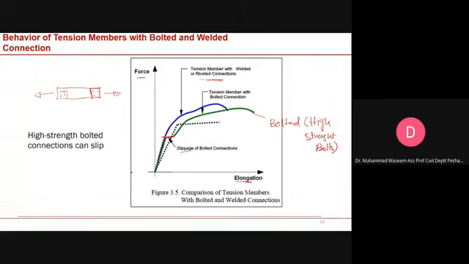Once you have slippage, what type of bolted connection does it become in this region? Bearing type, sir. It becomes bearing type. Initially it was a slip critical connection.